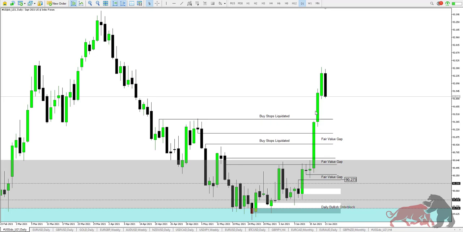What we have seen is a very strong dollar due to the FOMC report that came out on Wednesday, right? Now, already today, Monday's range, we see a correction to the downside.